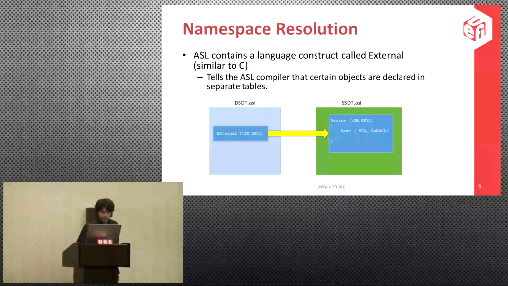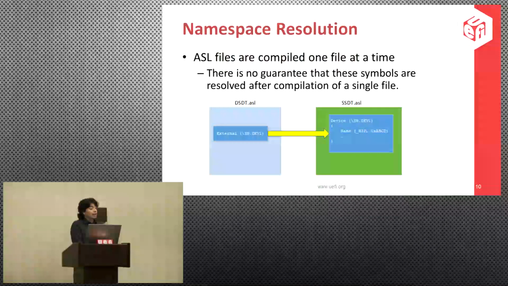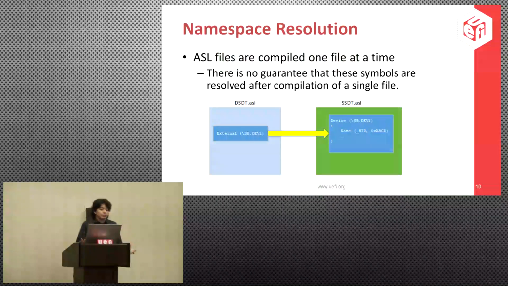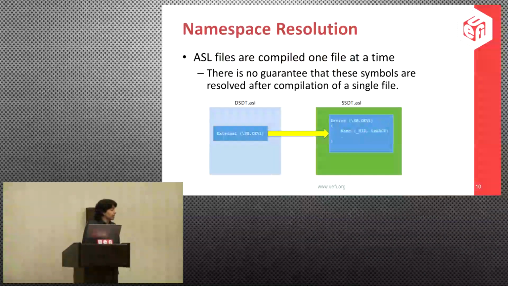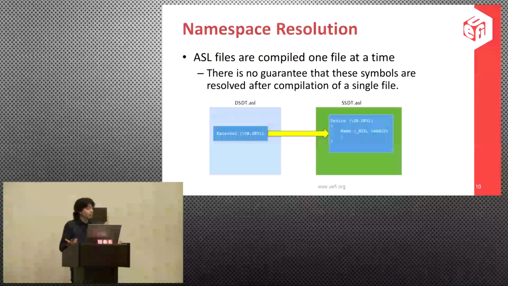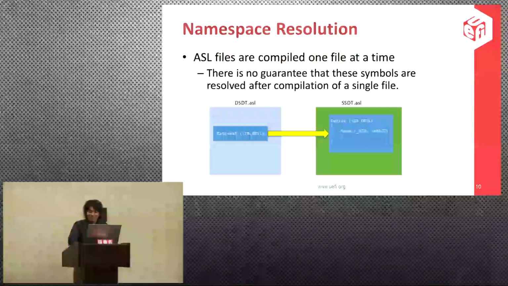So that's the proper usage. However, currently, ASL files are compiled one at a time separately. So there are no guarantees that these symbols are resolved after a compilation of a single file. We just say, hey, I promise, compiler, this thing exists.